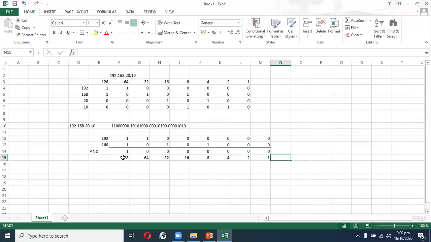When we add, this is the only digit which is 1. So when we add 192 and 168, we get 128. I hope you can understand this. It's so easy. The first thing you need to know is how to convert an IP address into binary form. And second, you need to know how to add these two binary numbers.